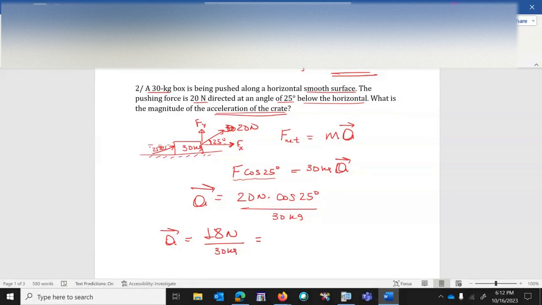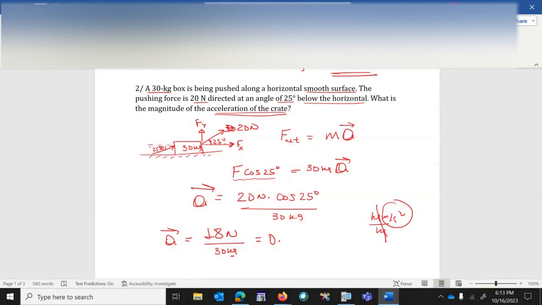The unit newton is kilogram meter per second squared, and you have the kilogram at the bottom, so the kilogram cancels and finally you have meters per second squared, which is the unit of acceleration. 18 divided by 30 is 0.6.